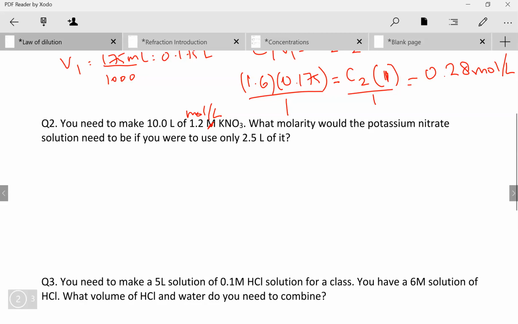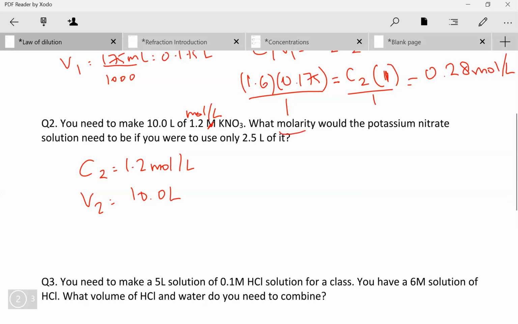Technically it is the C2V2 because it's after the dilution is done, but it doesn't matter which order you put those in. So C2 is 1.2 moles per liter, and V2 is 10 liters. If you say C1V1 here, it's not wrong. You will get the same answer, and you will get full marks for that question.